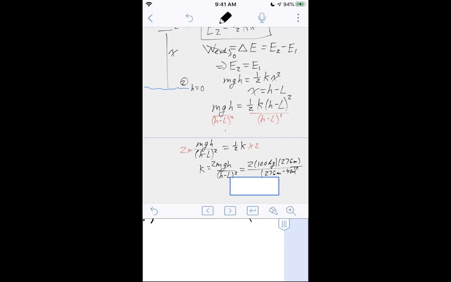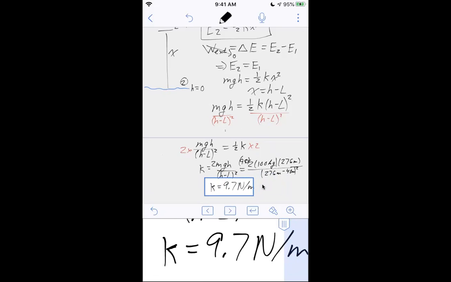Screen sharing went away because I moved away from that window. There we go. So that value of K then is 9.7 newtons per meter, which, as I said, is not that stiff of a spring. Right.